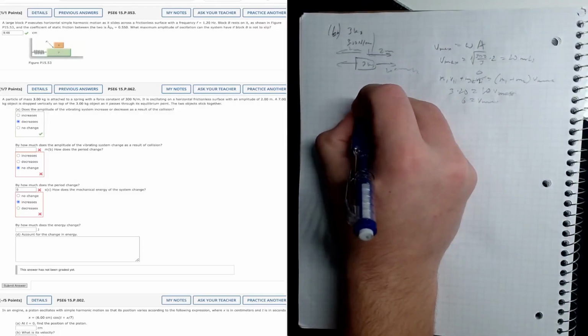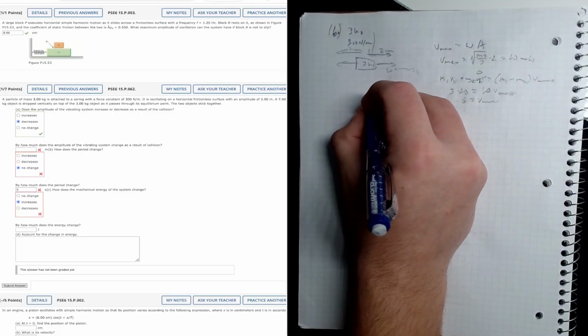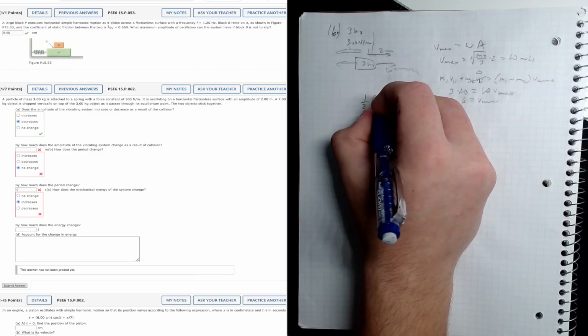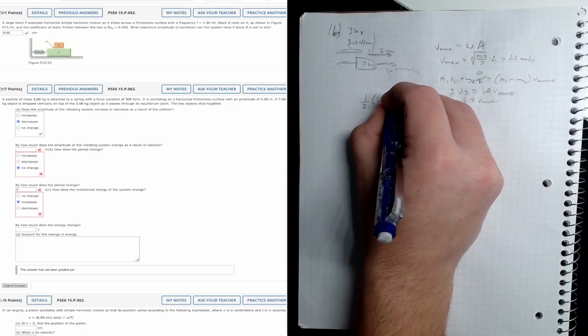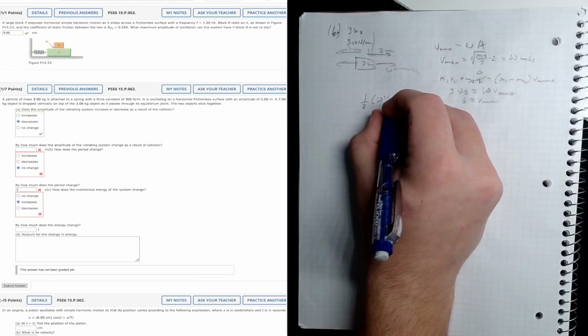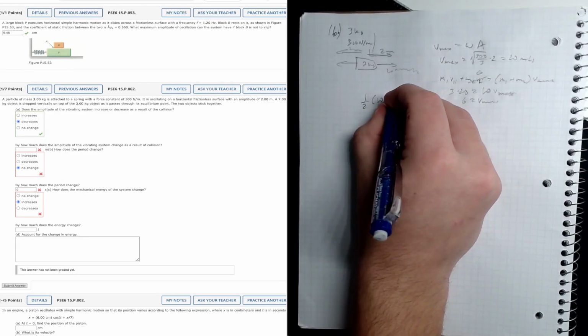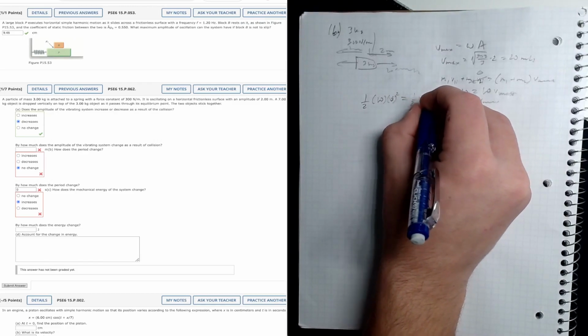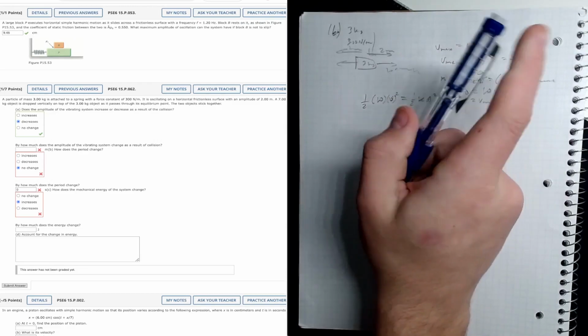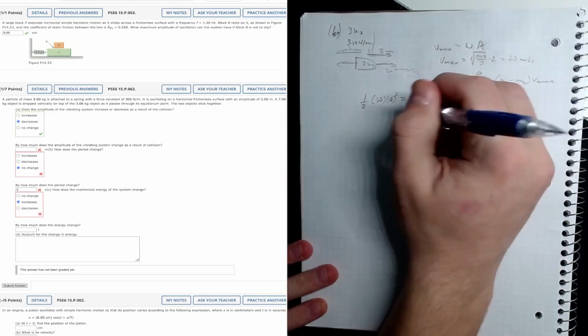So 1/2 of the combined mass, which is 10, times the new maximum velocity, 6 squared, equals 1/2 k a squared. We know k is 300. We can just put in 300 here.